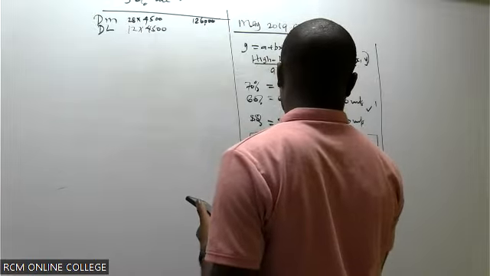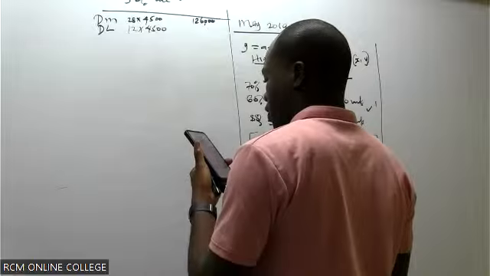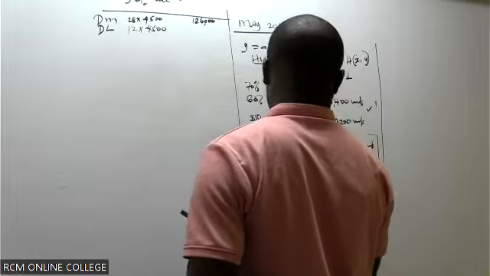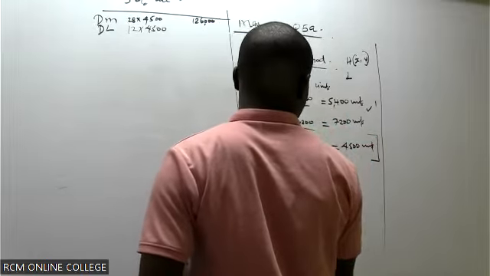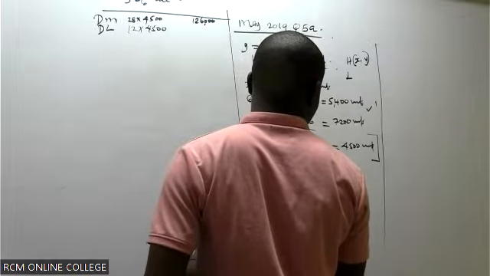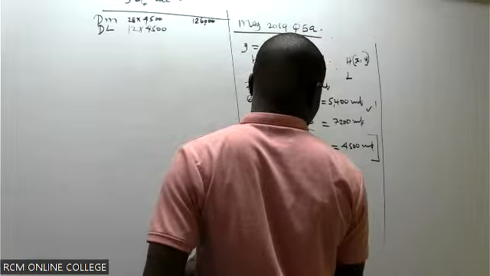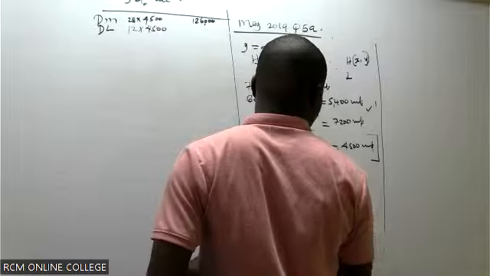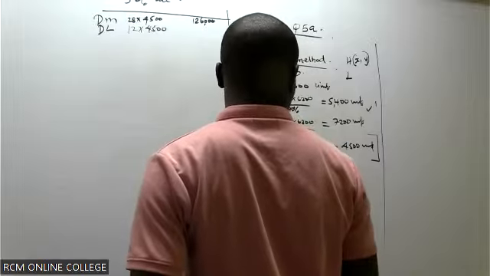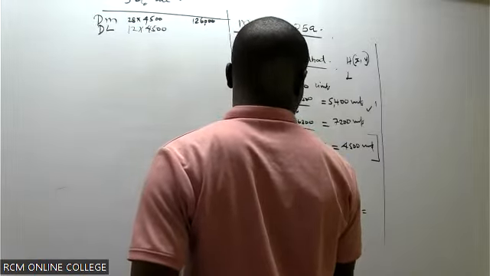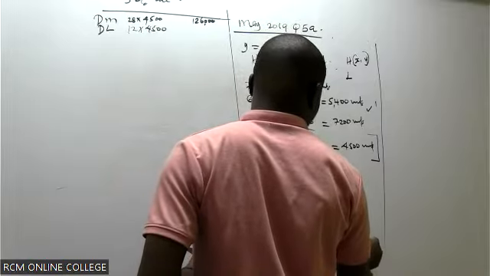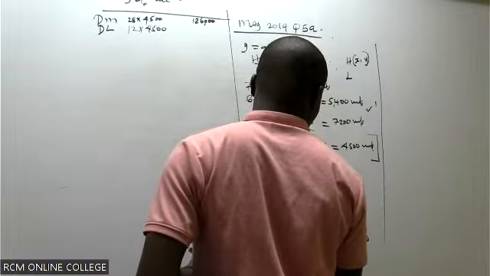At 60%, 5,400, it is 151,200. Now the value of B is change in Y over change in X, 179,200 minus 151,200 over 7,200 minus 5,400. What will be the value of B? Then you go ahead and give us the value of A, which is equal to 179,200 minus the value of B times 7,200.